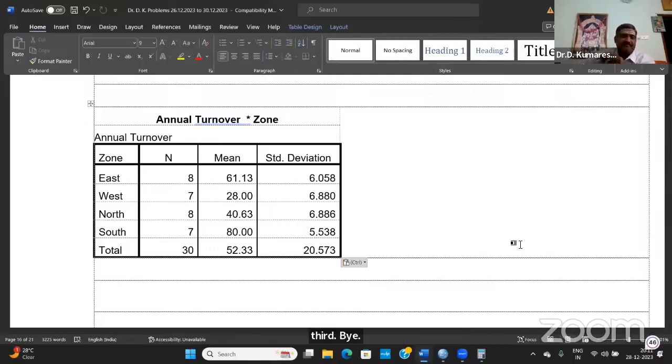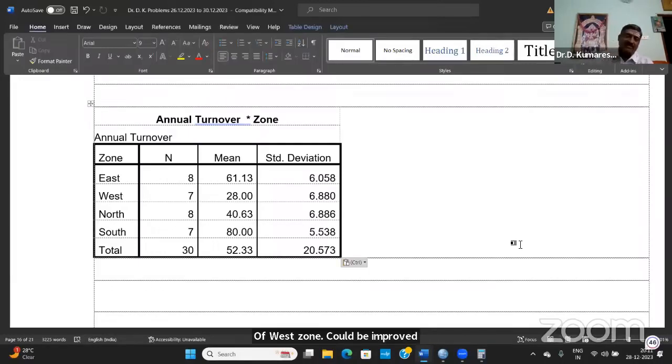One suggestion. Another suggestion for improving the performance: we can ask the West Zone retailers to go to the South Zone retailers and get some training from them, so that the performance or turnover of West Zone could be improved.